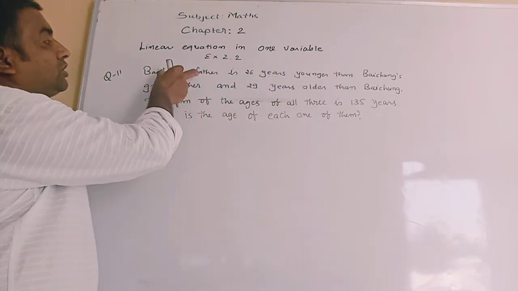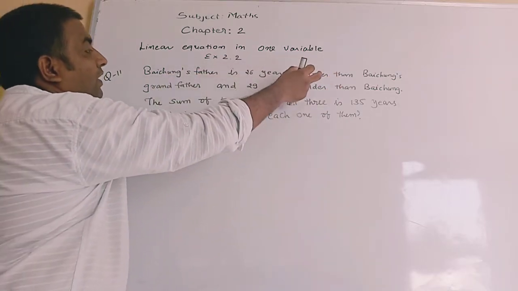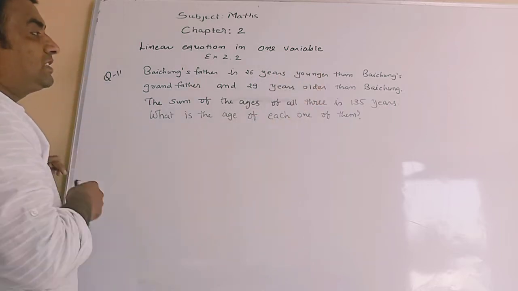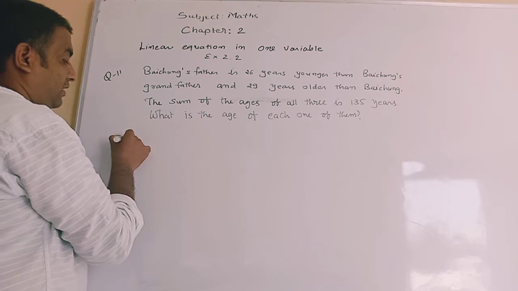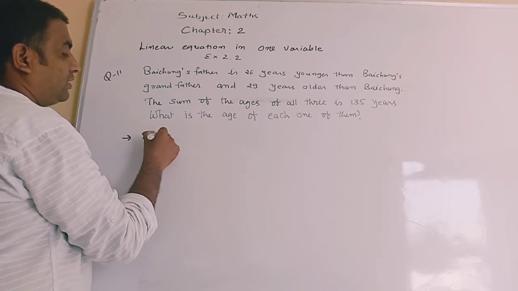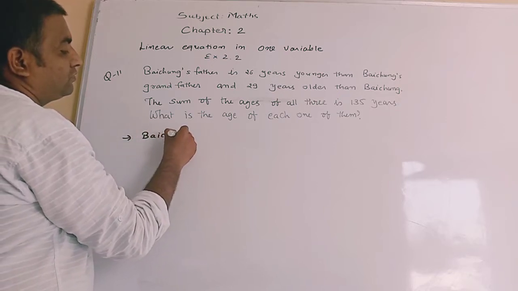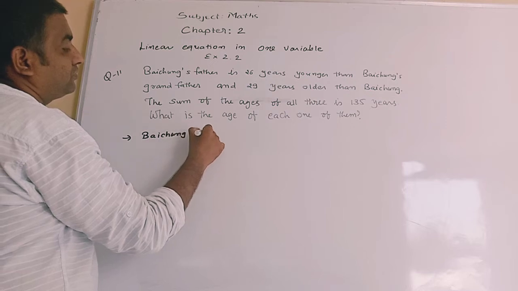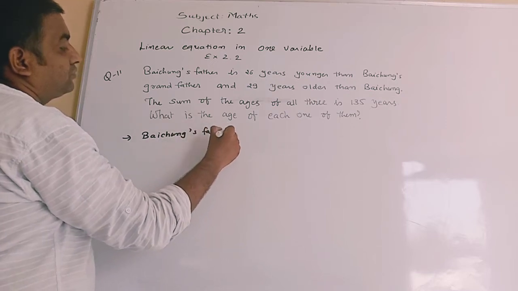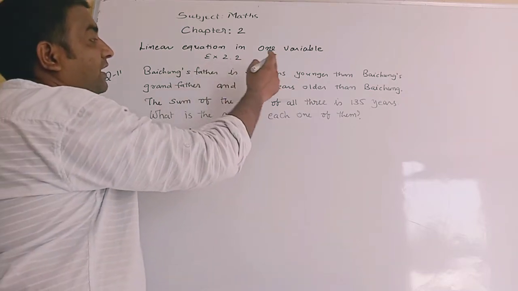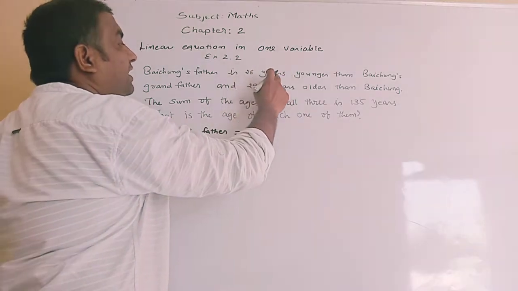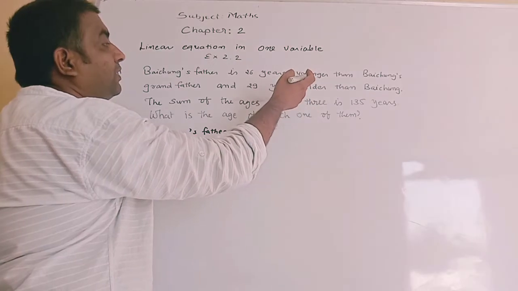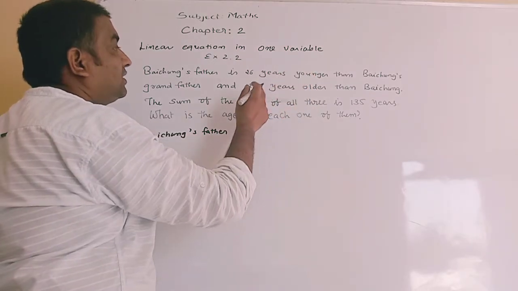So Baichung's father's relation with the grandfather's age and Baichung's age is given. So first we will use the first line: Baichung's father is 26 years younger. Younger means smaller, and smaller means minus.